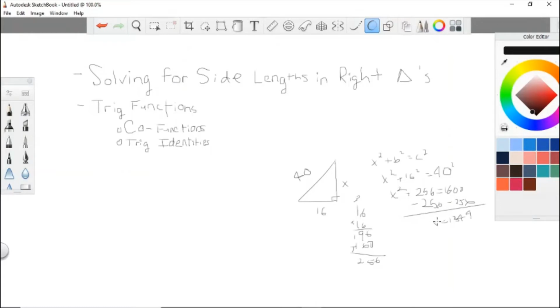Oops, that was a very weird 4, my apologies. So 1344 is equal to x squared.